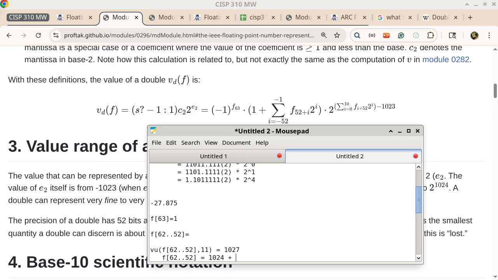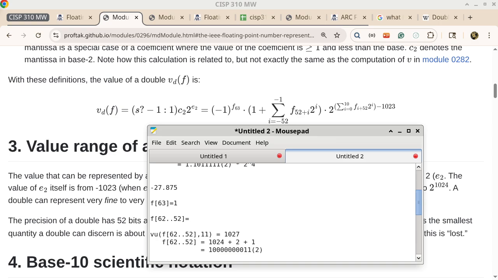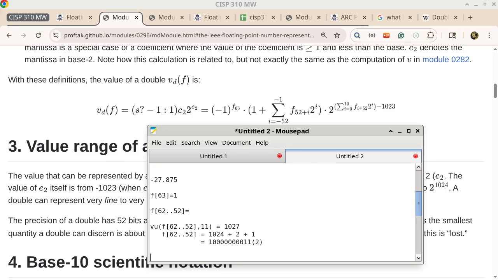We need 1024, which is a power of 2, and then it's pretty easy after that, plus 2 plus 1. So 1024 is 2 to the power of 10, which means it's 1 followed by 10 zeros. We'll give it 8 zeros, because we need a 1 for the 2 and a 1 for the 1. So bit 62 down to 52 would be 1 followed by 8 zeros and then 1 1 in base 2.